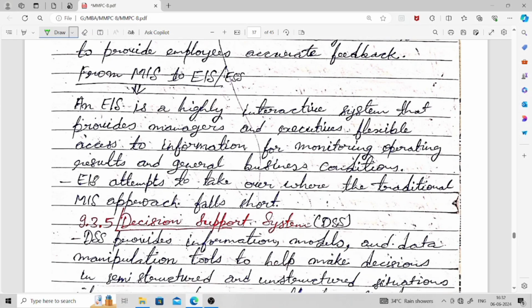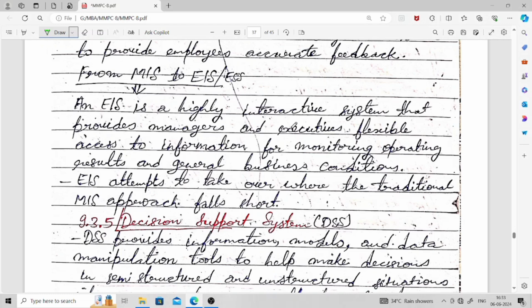So EIS attempts to take over where the traditional MIS approach falls short. It means wherever the traditional MIS falls short, wherever there is a limitation of the MIS, this EIS takes the place of MIS.